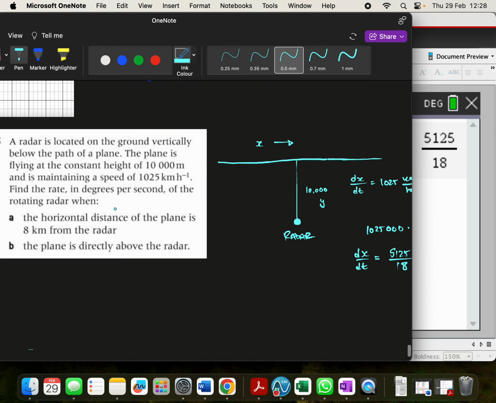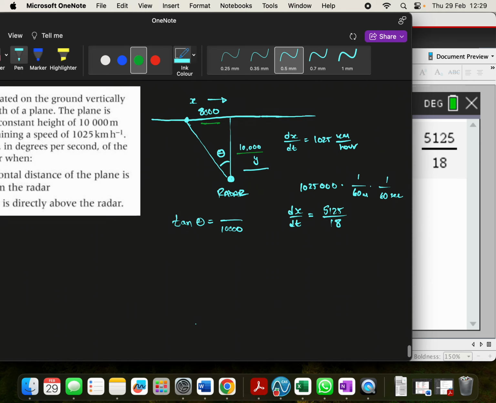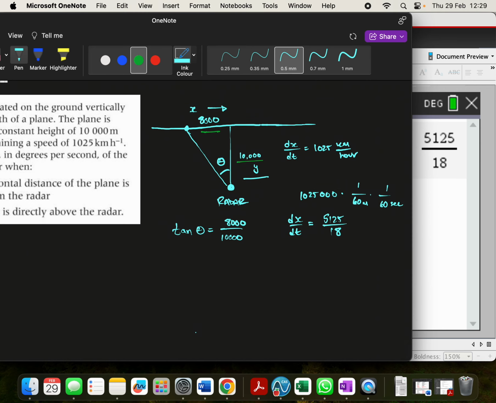Now, the situation that we have set up is that we're starting from 8 kilometers away, which would be 8,000 meters, and we're looking for how quickly that theta is changing. To relate the two of these, I've got opposite, I've got adjacent, we're talking tangent. So the tangent of theta is the same as, well, y is constant, so we can just leave that 10,000 underneath, and we've got 8,000 there.